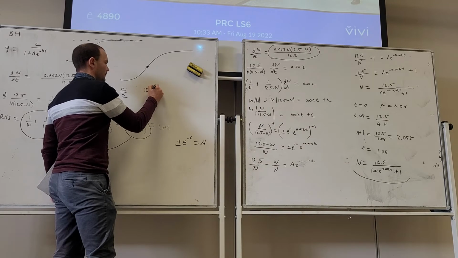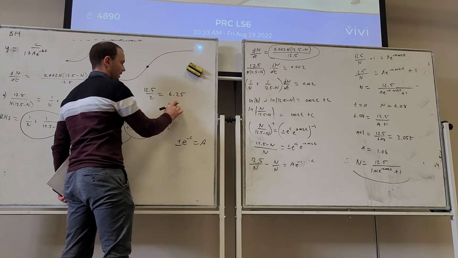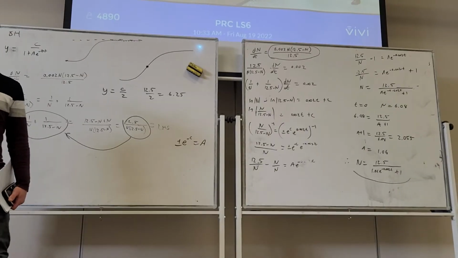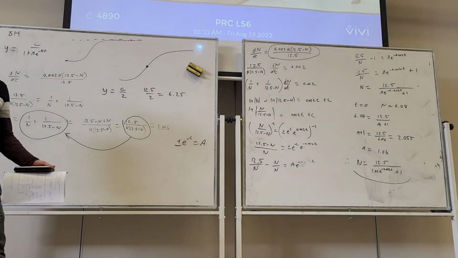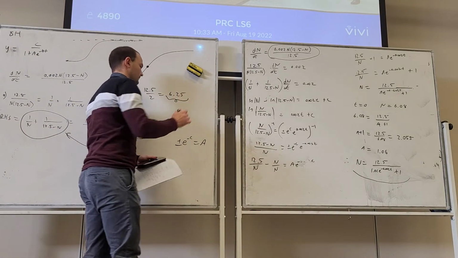So if we go 12.5 on 2, it's when y is 6.25. So that's the population, but we still need the corresponding time value. So we're doing an x count when y is 6.25.